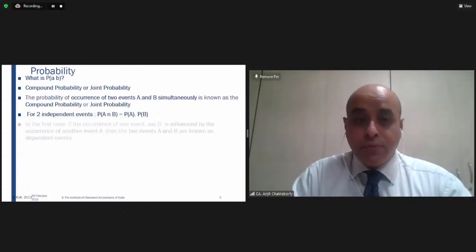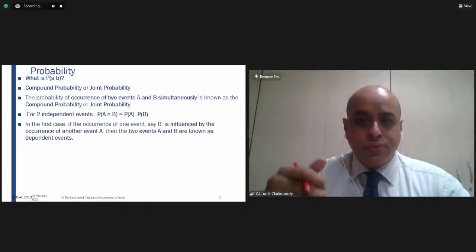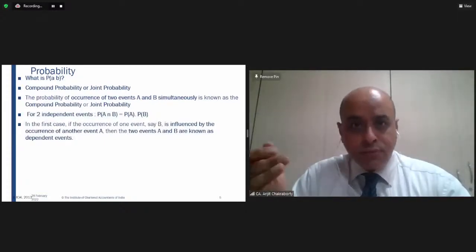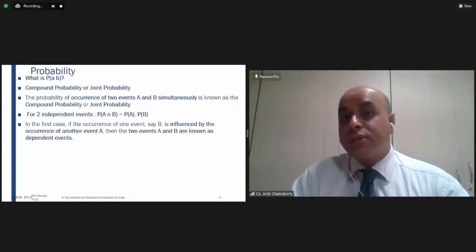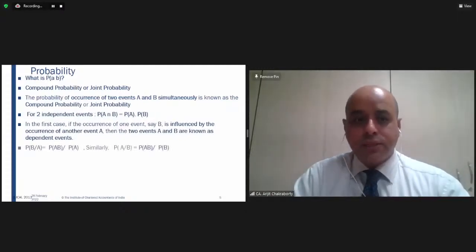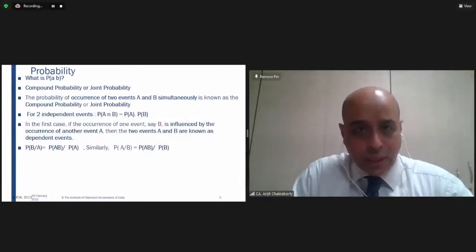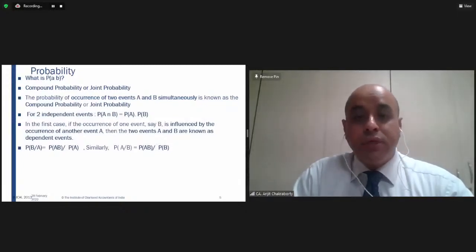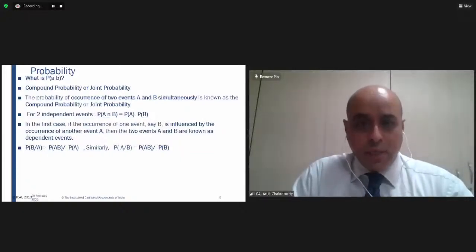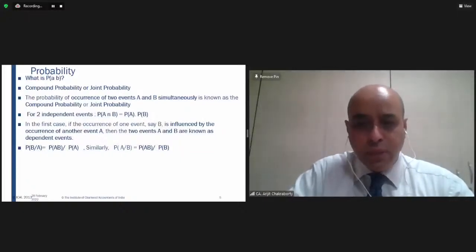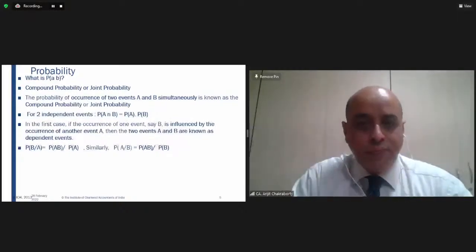But if it is dependent, that means the occurrence of event B is influenced by the occurrence of event A, in that case, these will be termed dependent events. In case of dependent events, we know that P(AB) is equal to the probability of A multiplied by the probability of B given A, or we can put it this way: the probability of AB is equal to the probability of B into the probability of A given B, assuming that B has occurred.